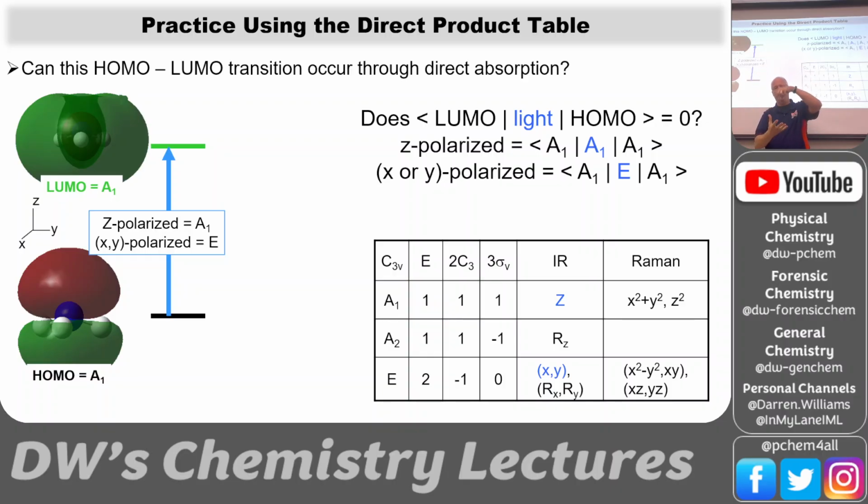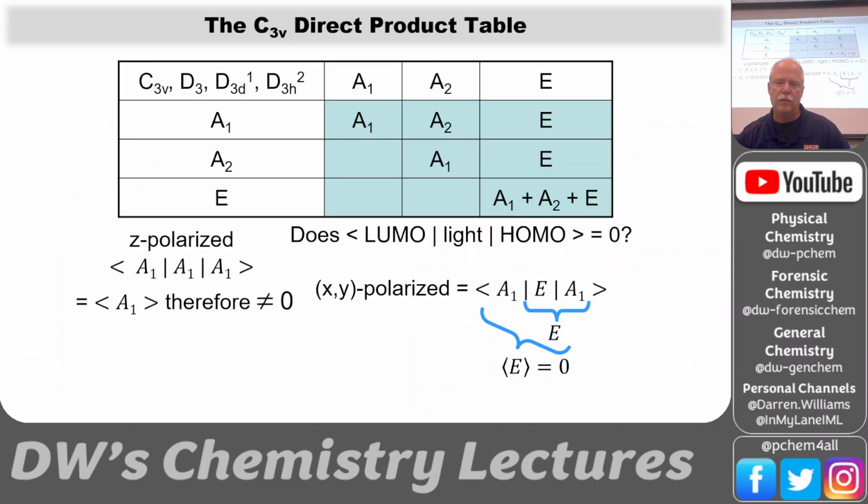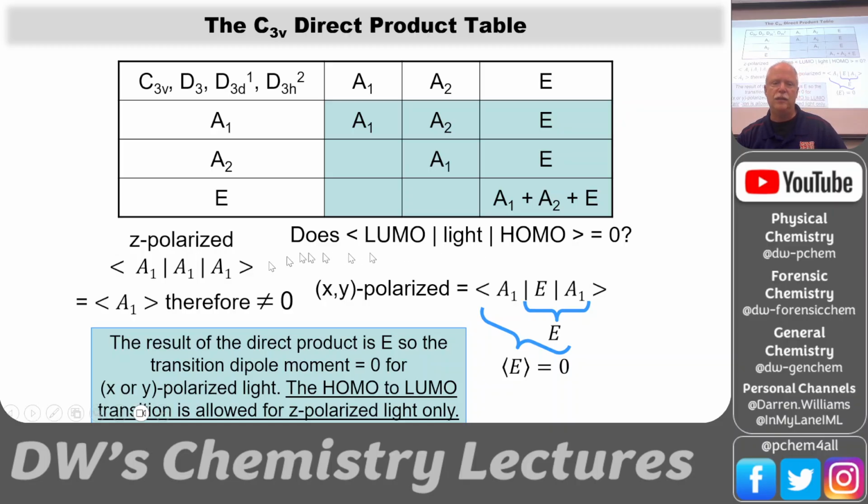It's just below the nitrogen. And so Z polarized light would interact with those orbitals. If you put an electric field on there with light, then it would interact. If I come in with X polarized light, it's not going to cause those waves to interact. So the result is that this is allowed for Z polarized light only.